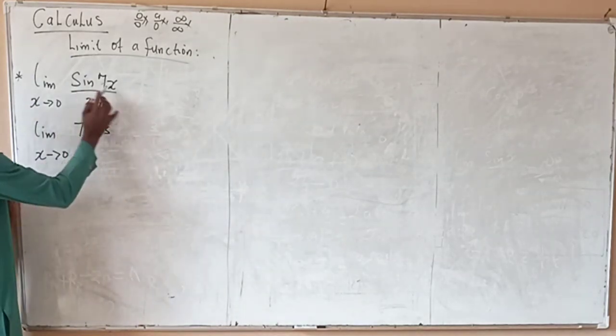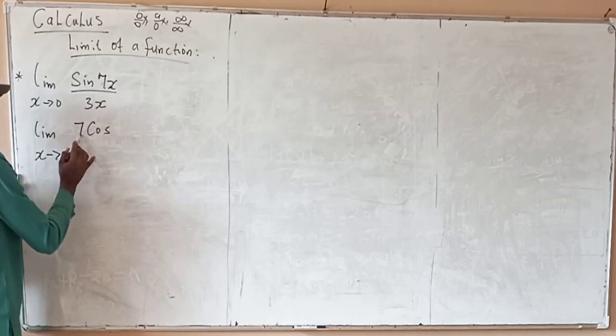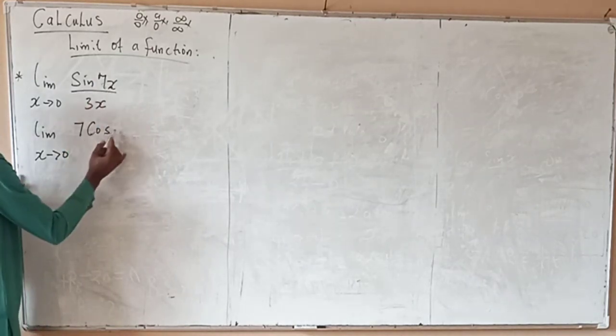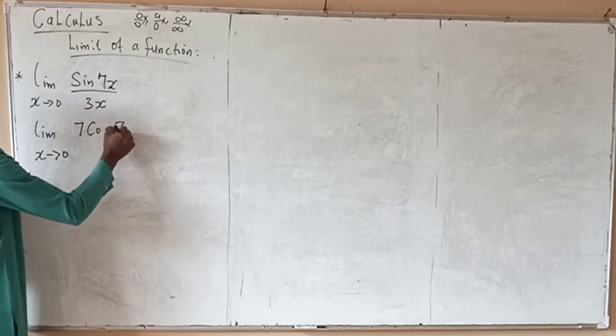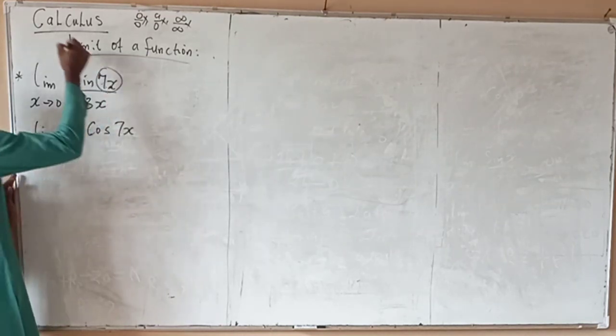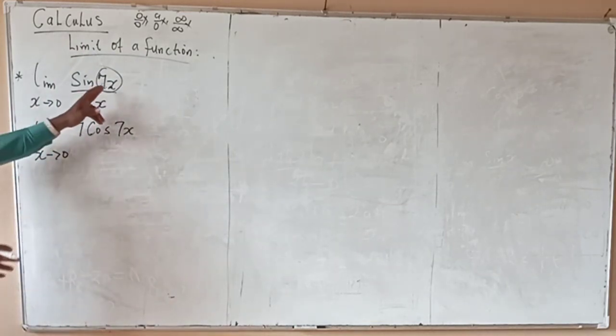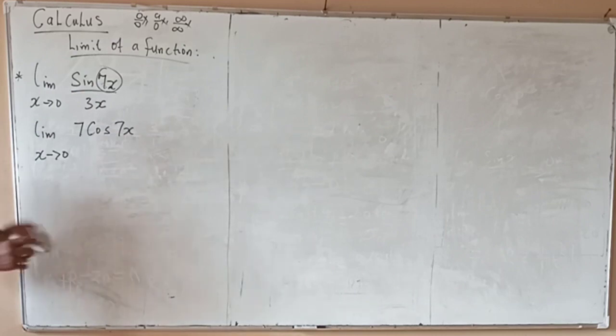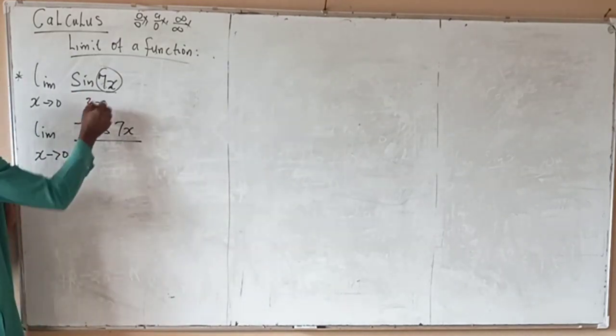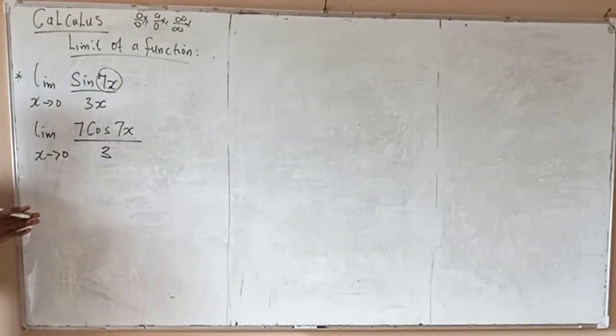So you write down 7 from differentiating 7x, and cos from differentiating sine, and then repeat the 7x. Differentiate this one first, you have this. Differentiate this one, you have this. Then repeat it from back. That's all. Now, differentiating 3x, you have 3 from the polynomial function.